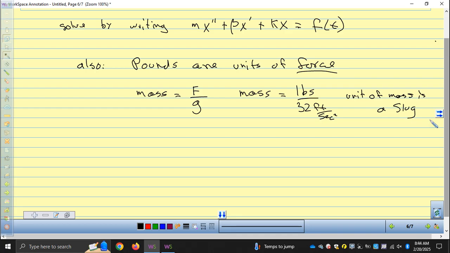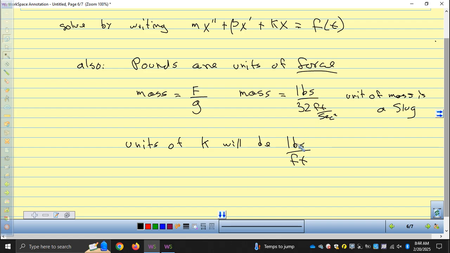Now, the units of our spring constant will be pounds per foot. Apparently, according to this book, engineering units always use feet as a unit of distance. So sometimes you'll have to convert some units from inches to feet in these problems. So our units of k are pounds per foot.